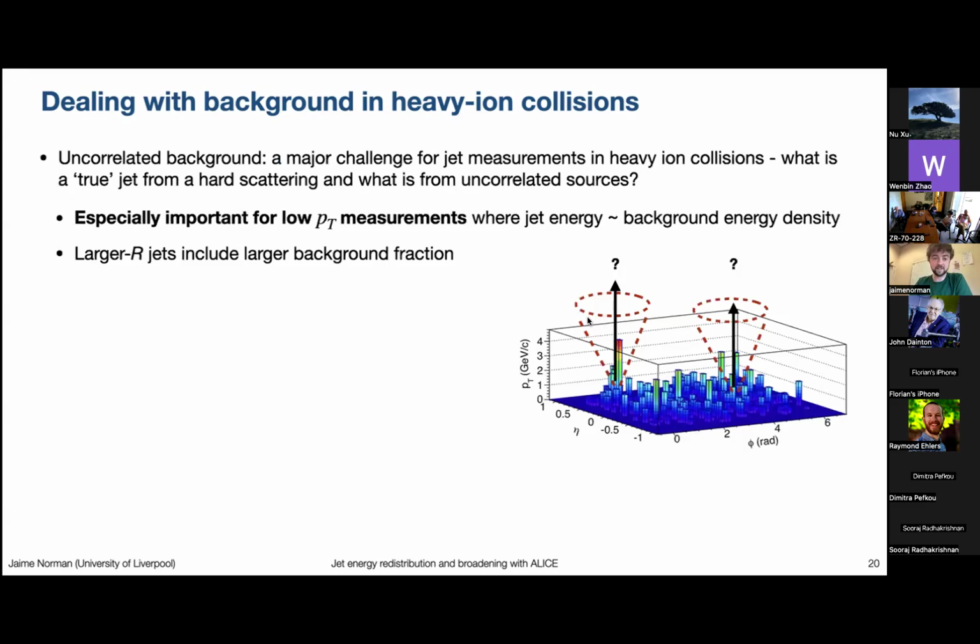And this uncorrelated background, background that doesn't come from hard scatterings, is a major challenge for jet measurement. So what is a true jet from a hard scattering and what is from uncorrelated sources? This is especially important for low PT measurements and larger radius jet measurements.